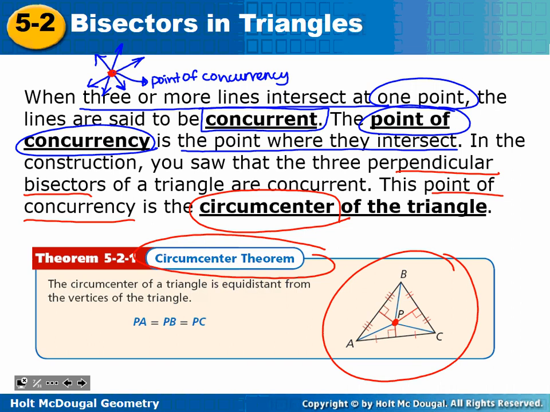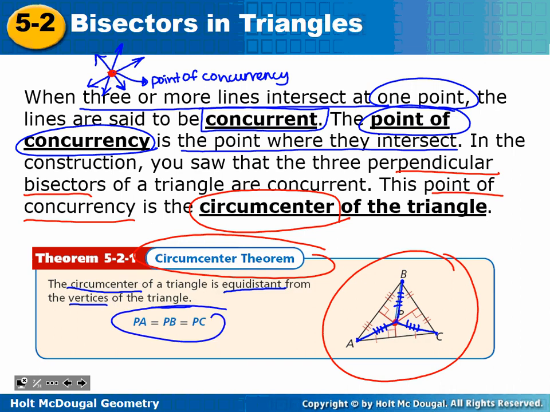Okay, here's what this theorem says. The theorem says the circumcenter is equidistant to the vertices of the triangle. That means if you go from P to vertex A, from P to vertex B, or from P to vertex C, those are all going to have the same length.